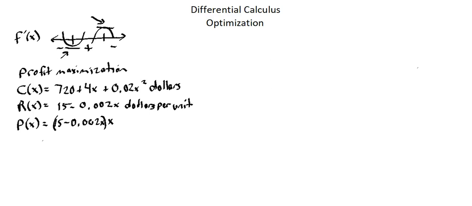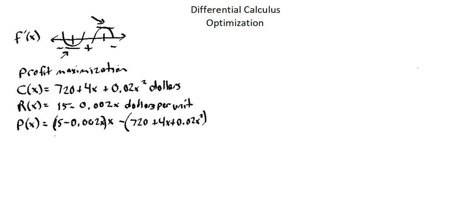I want total dollars, so that entire function I need to multiply by x, minus my costs. I will subtract the total cost function, 720 plus 4x plus 0.02x squared, from the total revenue function to get the total profit function.